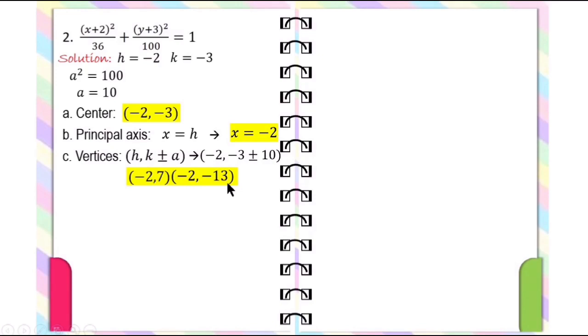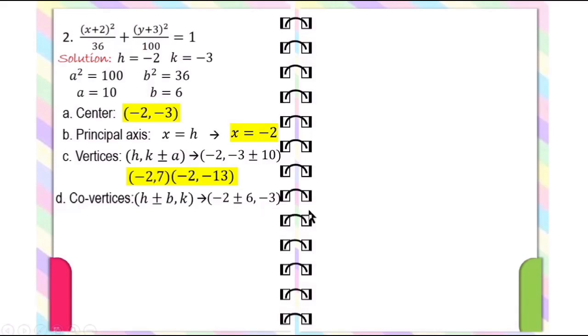On the other hand, the co-vertices are h plus and minus b, k. But first, find the value of b. B squared is equal to 36, so b is equal to 6. The co-vertices are -2 plus and minus 6, -3.